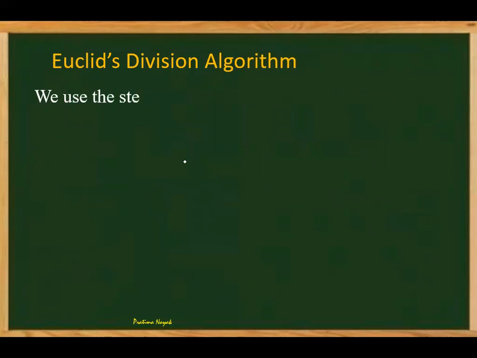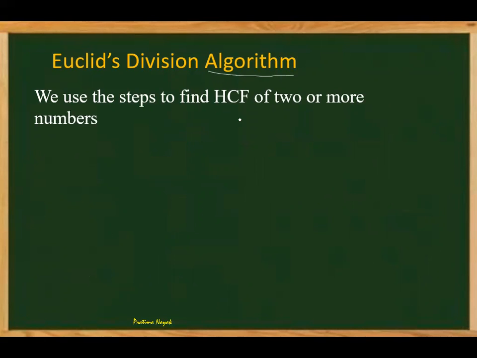Next, what is the algorithm? Algorithm is the procedure, the steps where we use this lemma to find the HCF of two or more numbers. So what is Euclid's division algorithm?